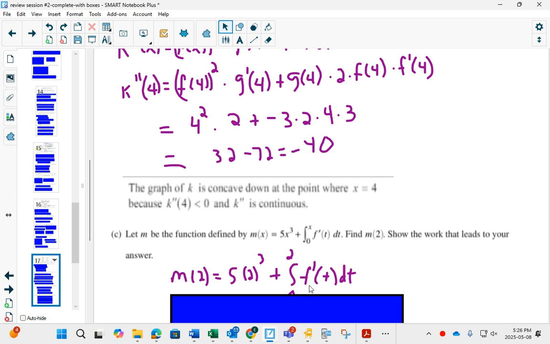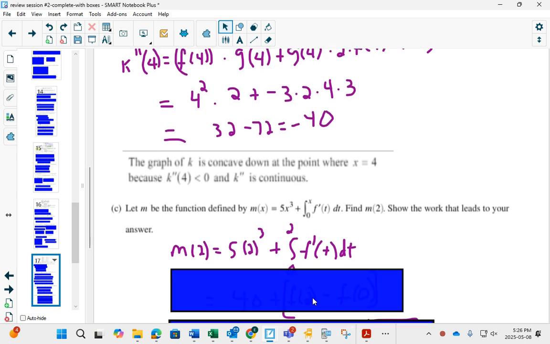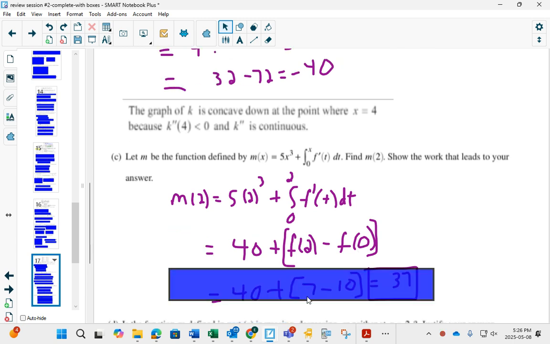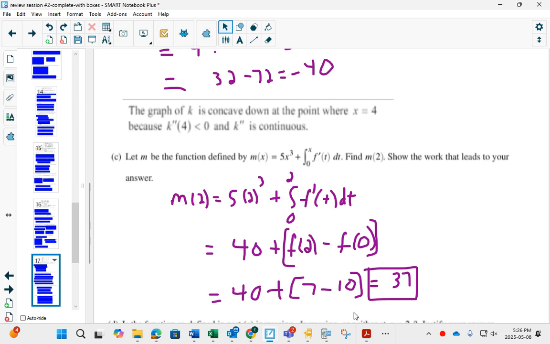You know that the antiderivative of f prime will be just f. And so we just need to figure out, this will be 40, what is f of 2 minus f of 0. Once again, those values are on your chart, and we get 37.